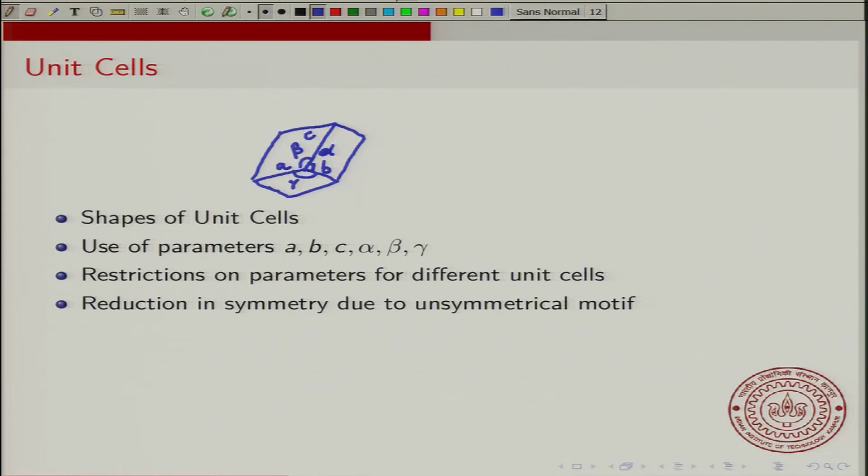So we had these 3 angles, alpha, beta, gamma, and these 3 cell parameters A, B, C, which are 3 lengths. These 3 lengths and 3 angles can be used to specify the shape of the unit cell.